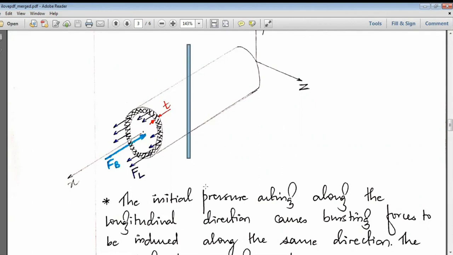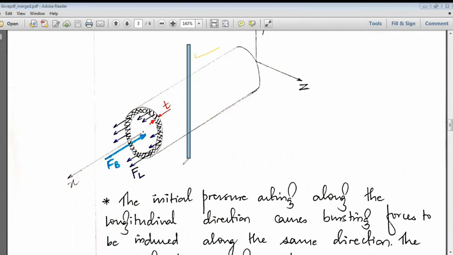So if you cut it like this, what are the stresses which are developed in the cylinder? Now the cylinder will be bursting in the direction opposite to what we have taken previously. Previously the section was taken horizontal, now the section is taken vertical.